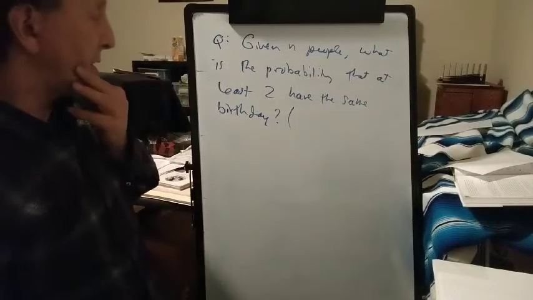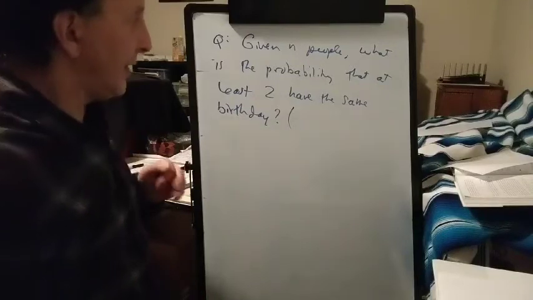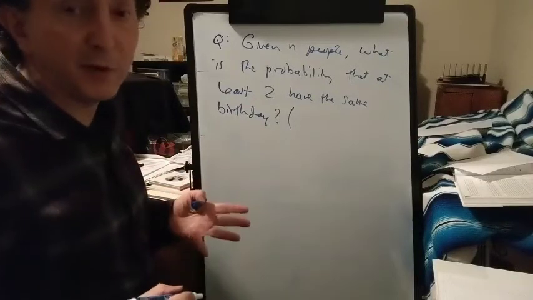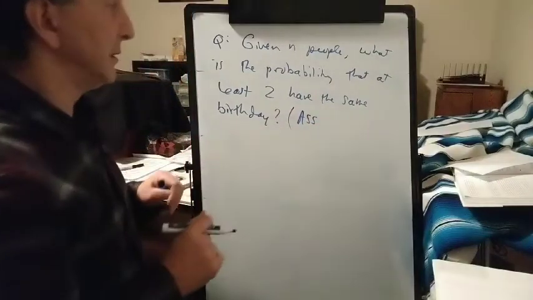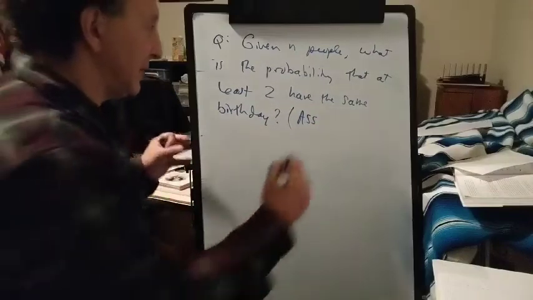To solve this, we're going to assume that our confidence about when people are born is distributed equally among the 365 days in a year.